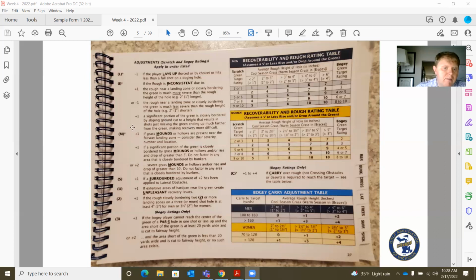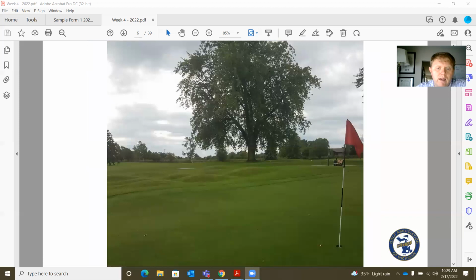And the same concept of significant also comes into play with mounds. So when we're talking about mounds here, we talked about what the definition of a mound was. It's something that has distinct sides and slopes.